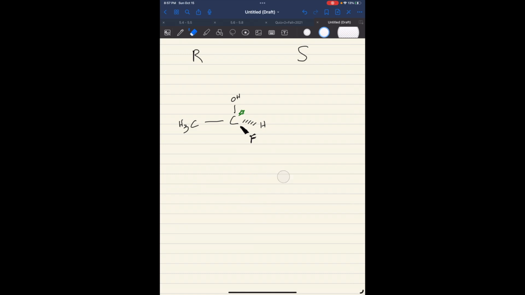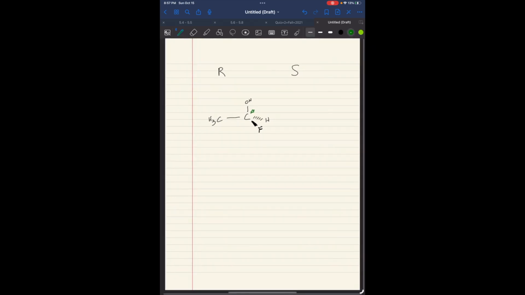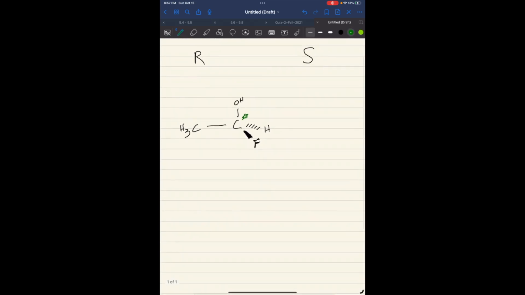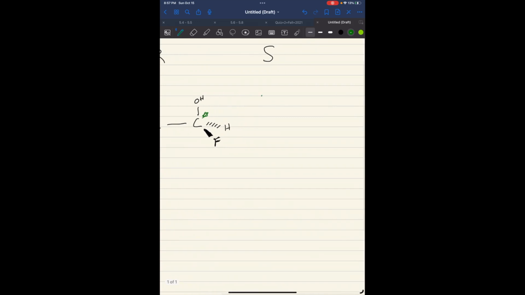But you can see that for this molecule that I've drawn earlier, if you draw its mirror image, I was just drawing this green line as a mirror, the OH is still coming out to the top. The CH3 is coming out in the same plane.